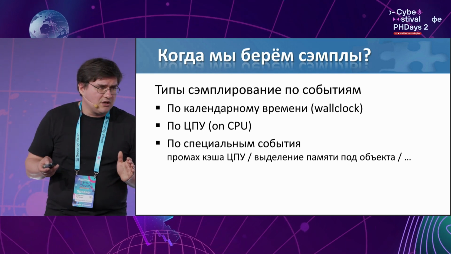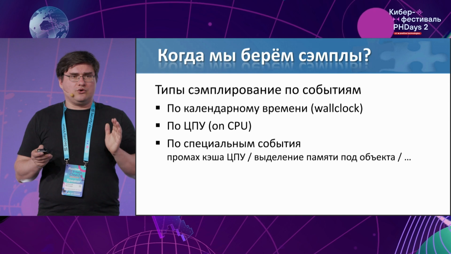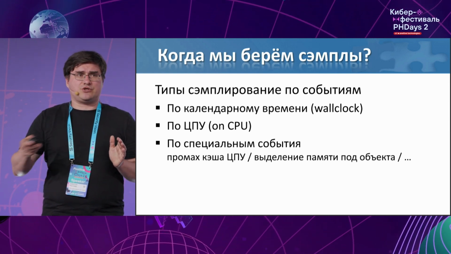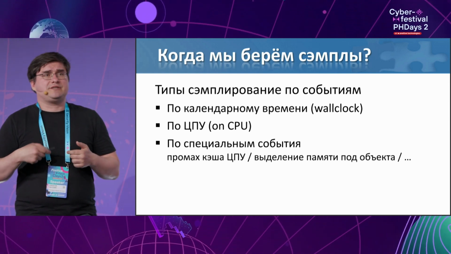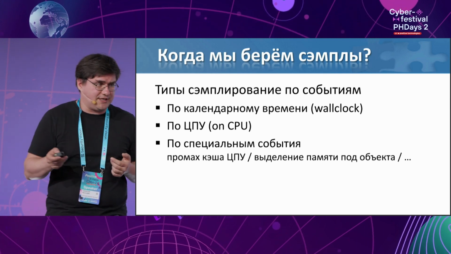The ones that are waiting in line are ignored. Okay, so it works on a schedule. You set 100 hertz frequency, it takes 100 samples per core if something is run on the cores.